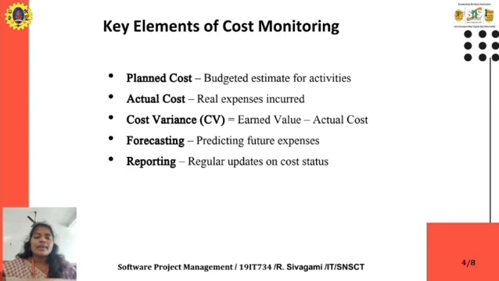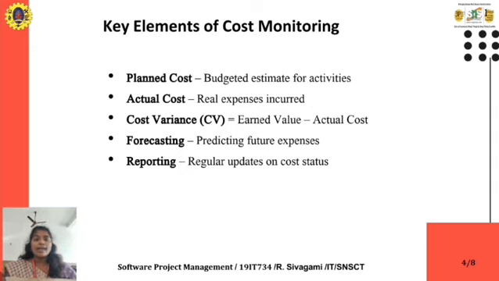The key elements of cost monitoring. The first is planned cost, then actual cost, cost variation, forecasting, and reporting. The first one is planned cost. Before we start our project, we should plan how much we have to spend for this project.